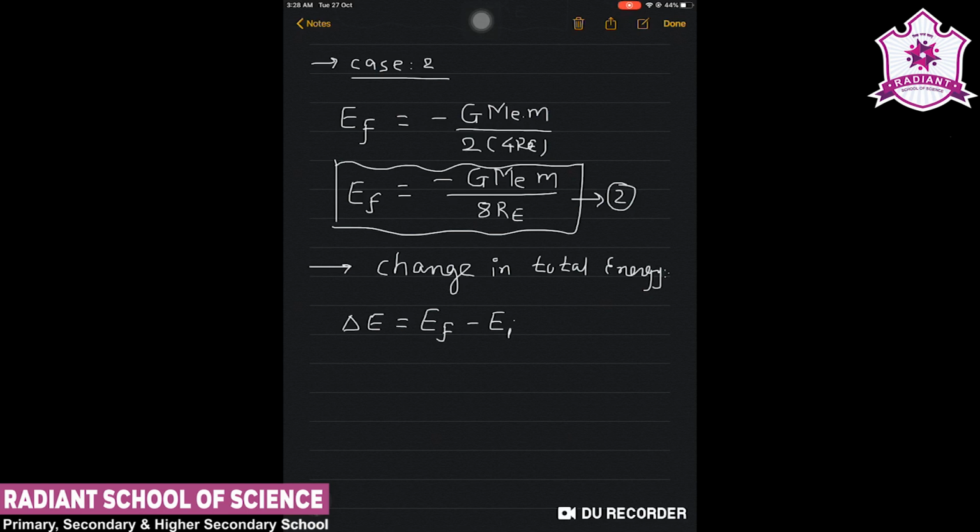Now the term that we can obtain over here is minus G M_E m over 8 Re, and this minus minus will be plus G M_E m upon 4 Re.